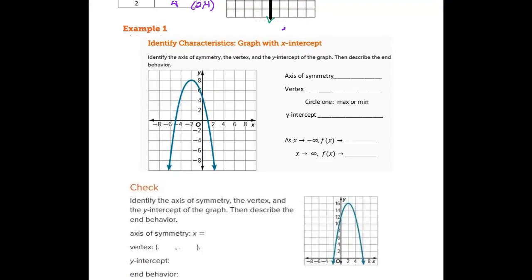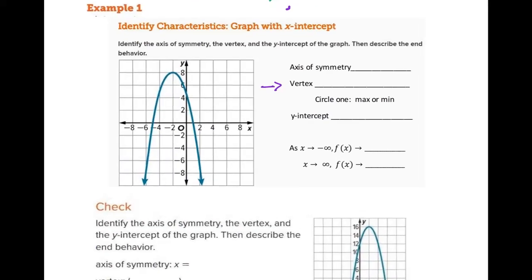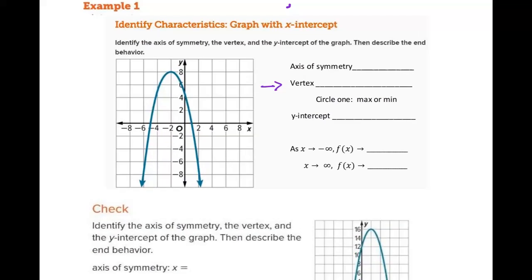So here we go. Axis. Nope, let's not do axis. I always like going to the vertex first, even though it's not the first thing they ask for. Ashley, what is my vertex? There's an 8 in it.